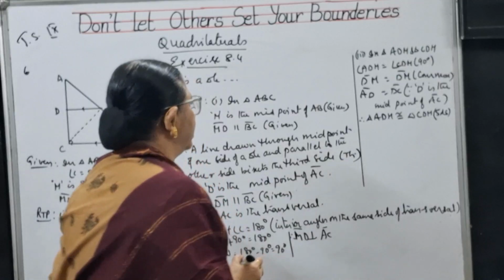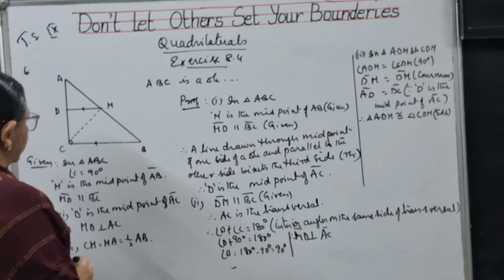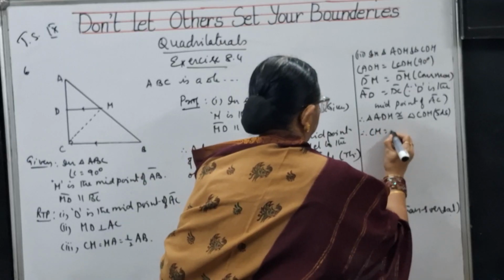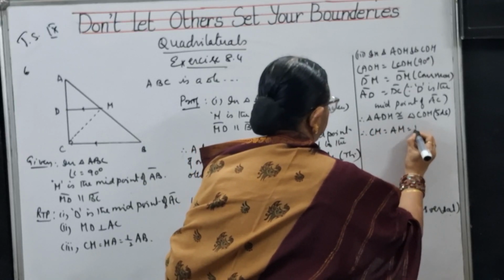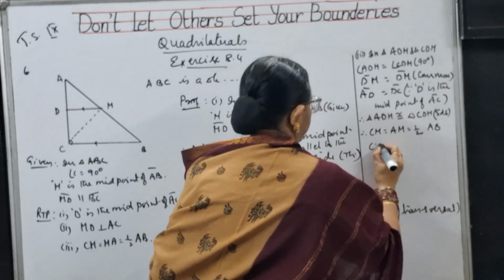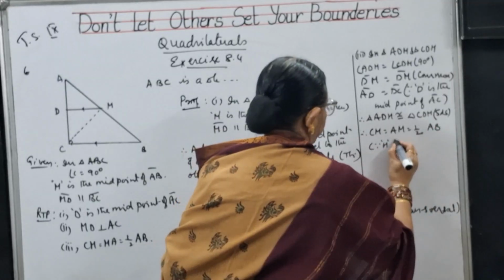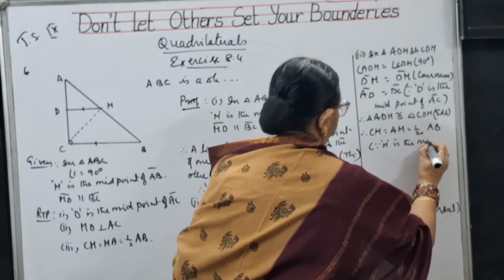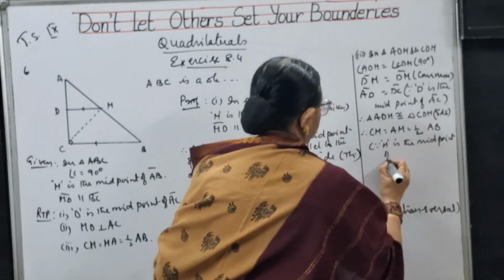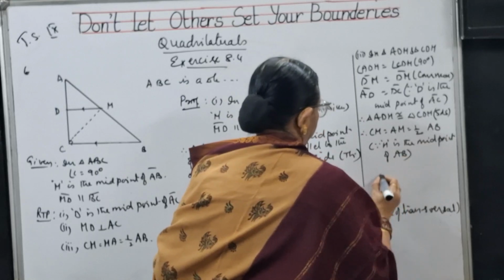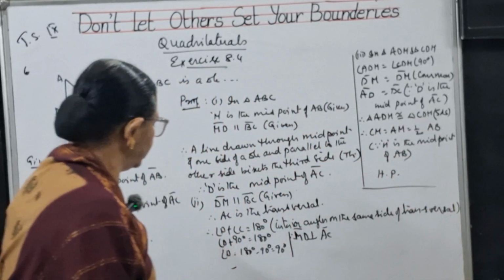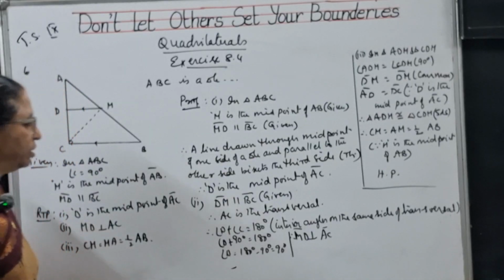We can say two triangles are congruent. If two triangles are congruent, we can say that CM is equal to AM. AM is nothing but half of AB, because M is the midpoint of AB. Hence proved. So all the three statements are proved here, children.